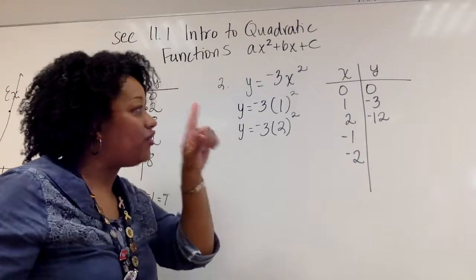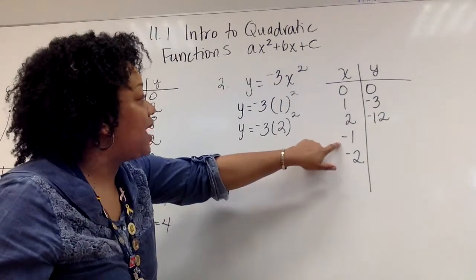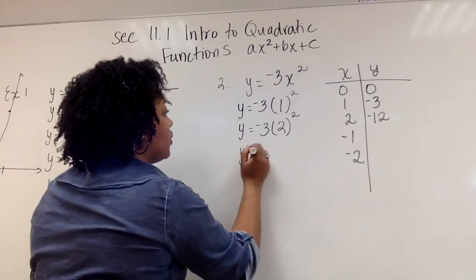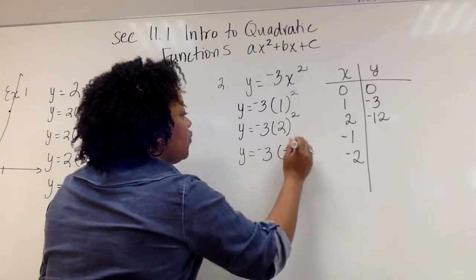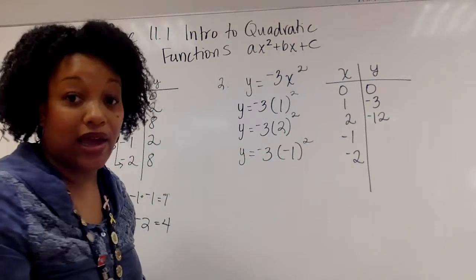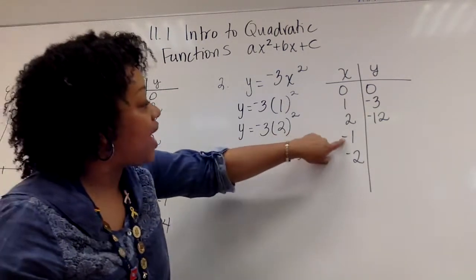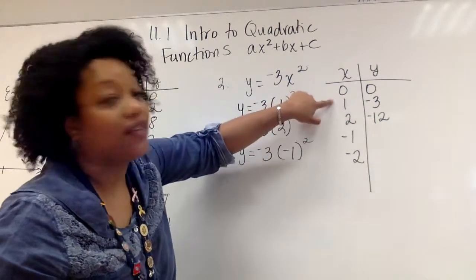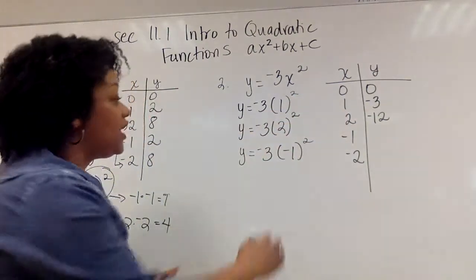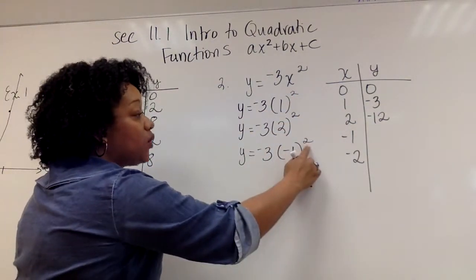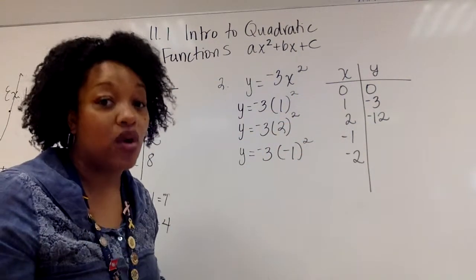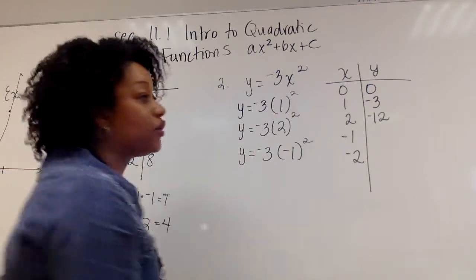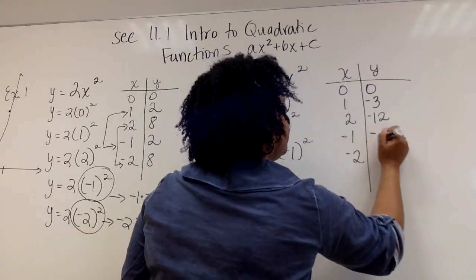Now, watch the magic. When x is negative 1, we plug that into our function. Negative 1 squared is just 1. So you're going to get the same value here for your y that you got when x was positive 1. Don't believe me? Check it out. Negative 1 squared is positive 1. 1 times negative 3 is negative 3.